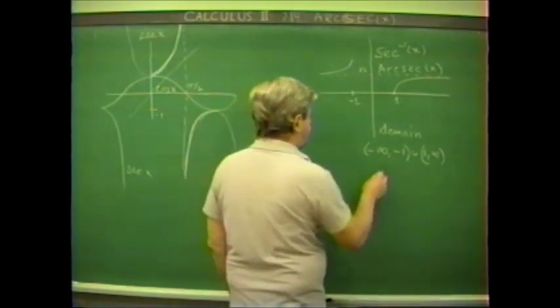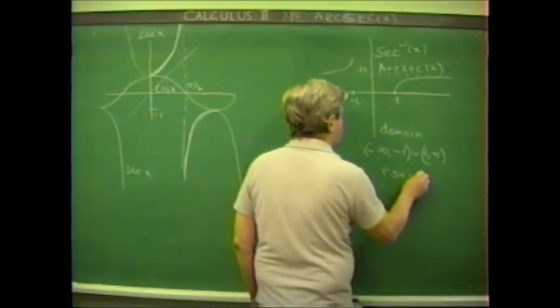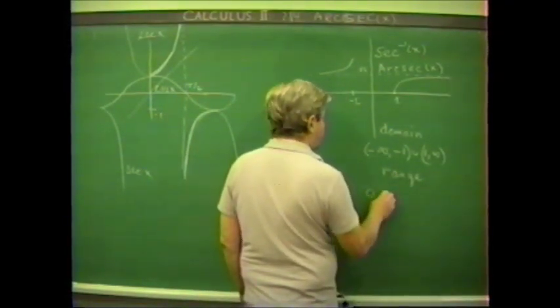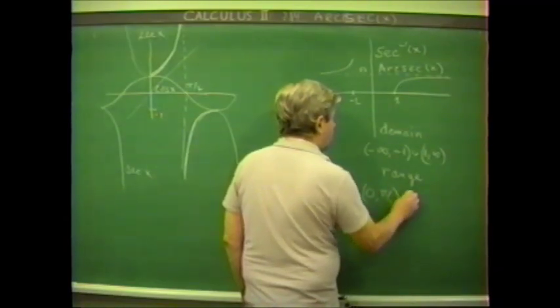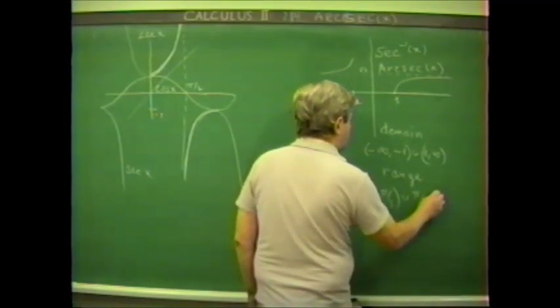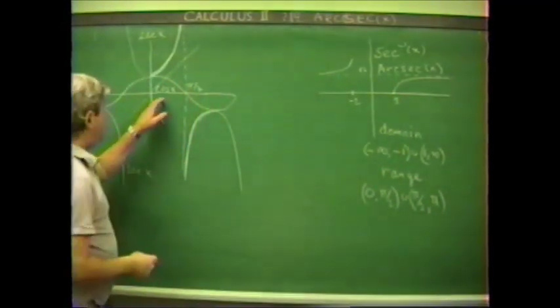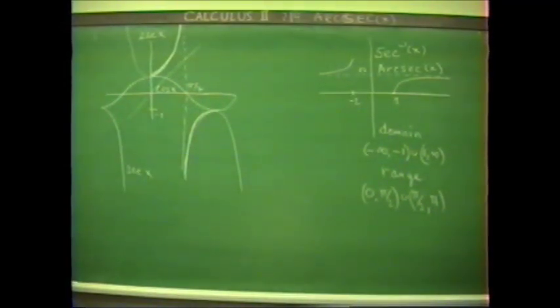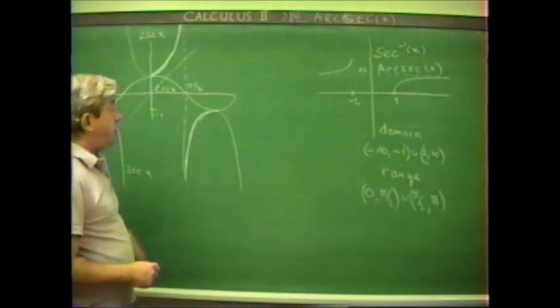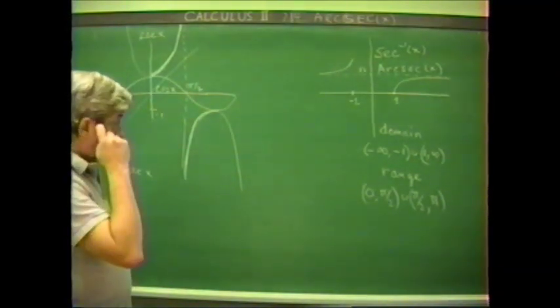And the range is going to be 0 to pi over 2, along with pi over 2 to pi. It doesn't have pi over 2 in its range because the secant's not defined at pi over 2.